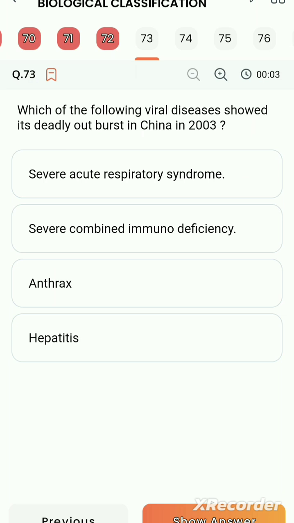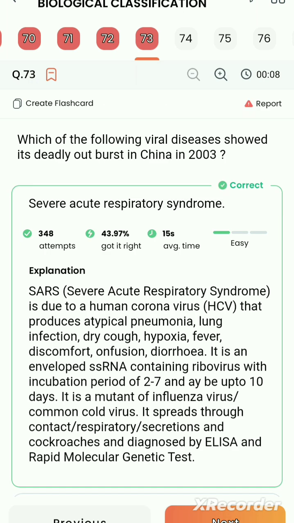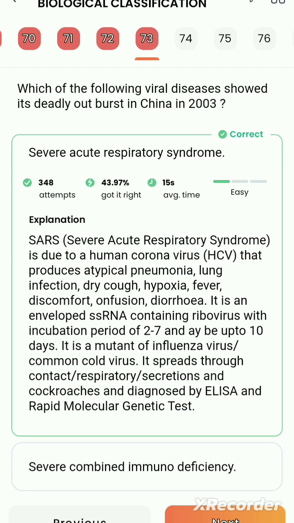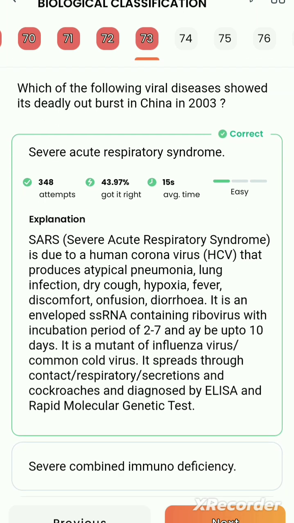Which of the following viral diseases showed its deadly outbreak in China in 2003? That is the severe acute respiratory syndrome, SARS virus, right? Initially it was found there with a lung infection, dry cough, fever, diarrhea, all this. It is a single strand RNA ribovirus.